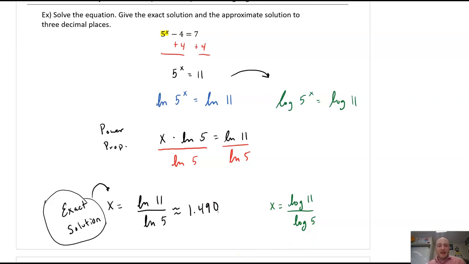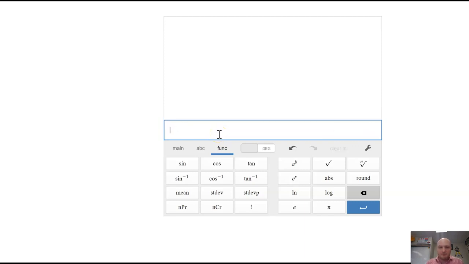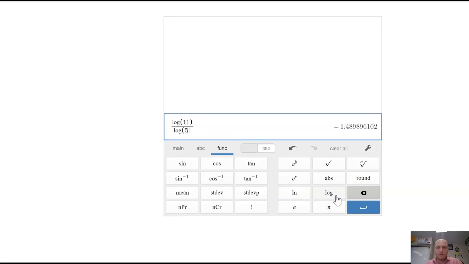So what do I mean they're exactly the same? Well, if instead of using the natural log I use the common log, log of 11 divided by log of 5, guess what? You get the same exact answer. So does it matter which logarithm you use? Nope. You can use whichever one you want.